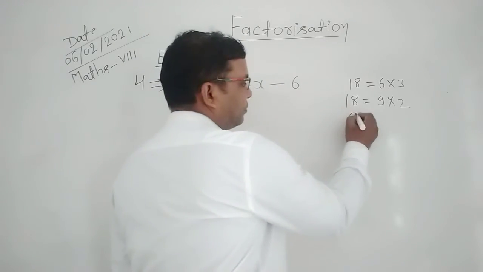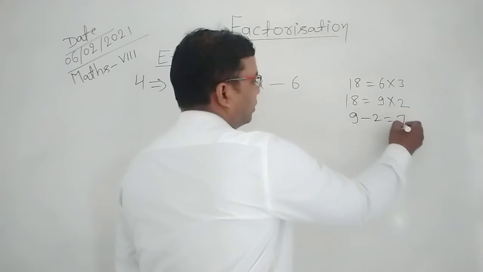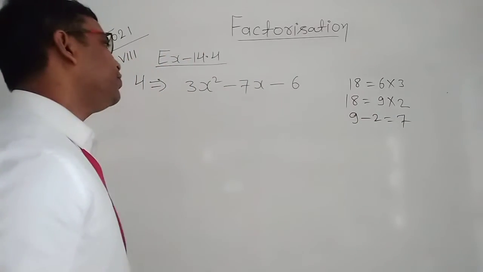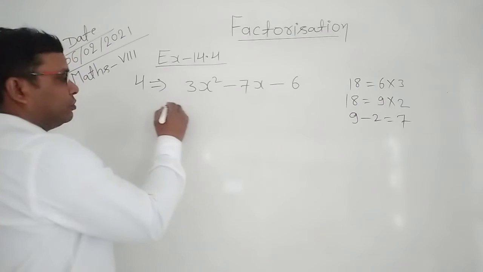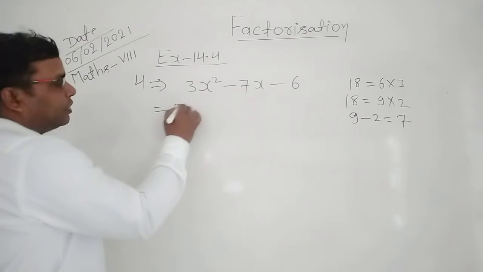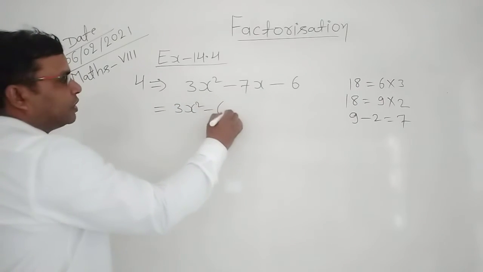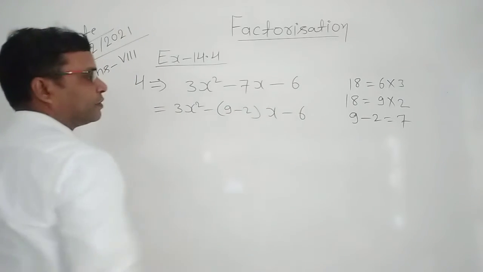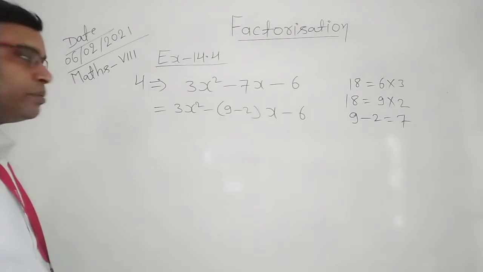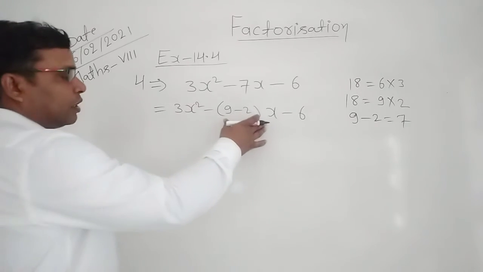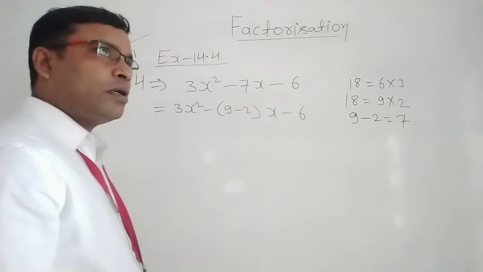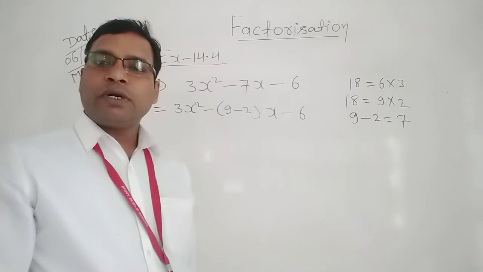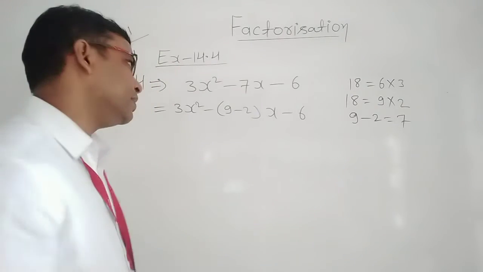So here you can see 9 minus 2, this is equal to what? 7. So here you replace 7 by 9 minus 2. So in the next step you can write 3x square minus (9 minus 2) into x minus 6. After this, we apply the distributive law of multiplication over addition.